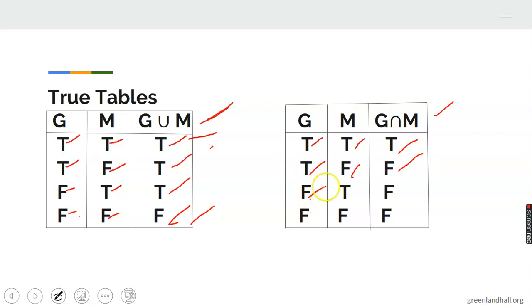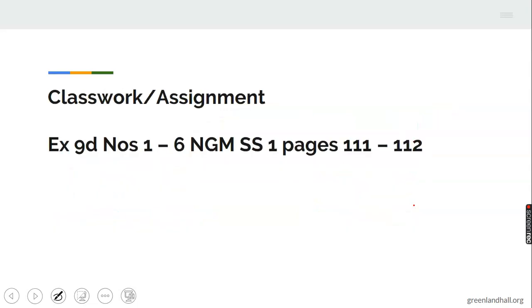When this is false and this is true, the intersection will be false. And when both are false, it will give you false. This is the truth table. Very important.